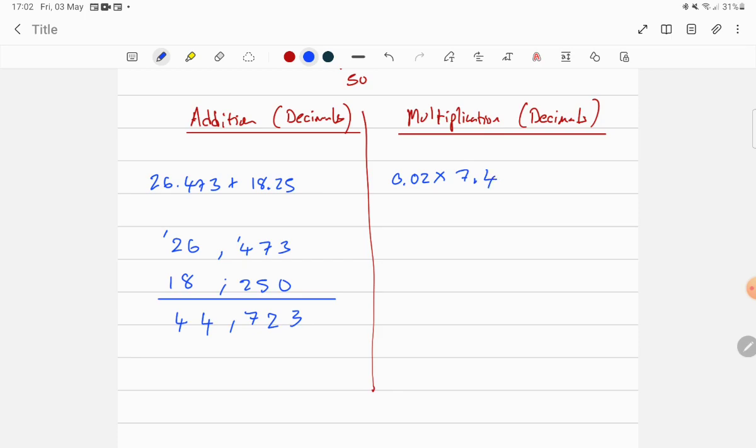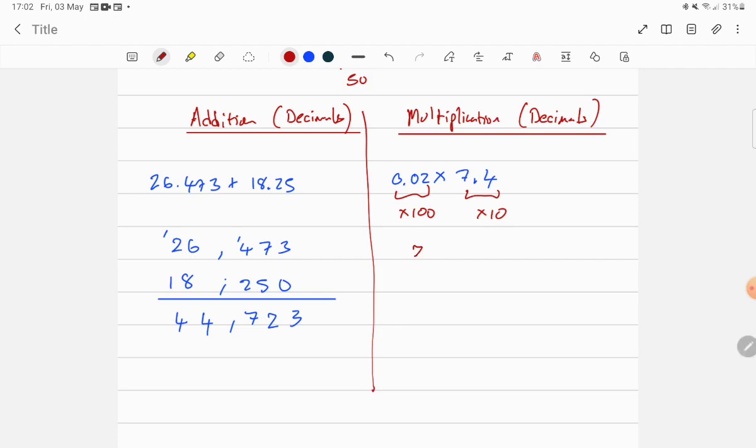In this instance, when we multiply decimals, we would first need to get rid of the decimal point. This is more or less a shortcut. So firstly, we would need to get rid of this comma here and this comma here. So we times this by 100 and we times this by 10. And once we multiply those two, then we would go ahead and divide by 100 and divide by 10 as well to get our answer.